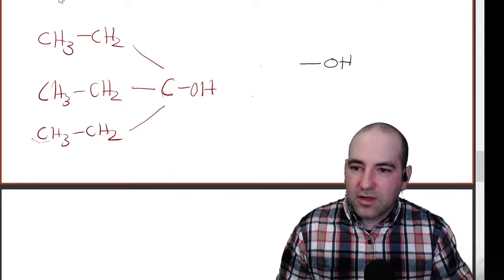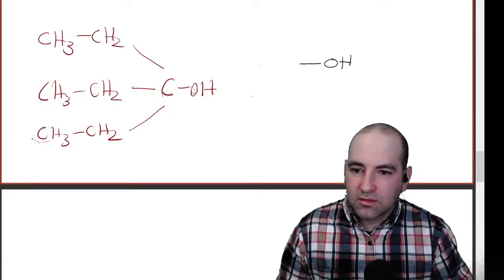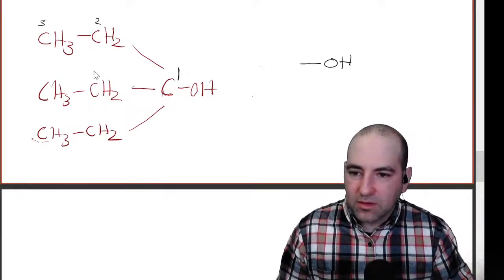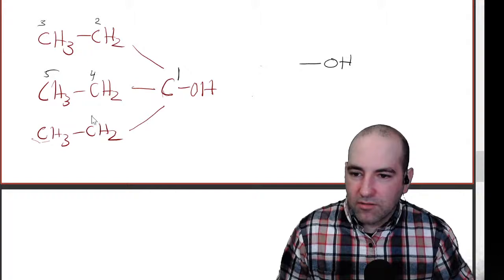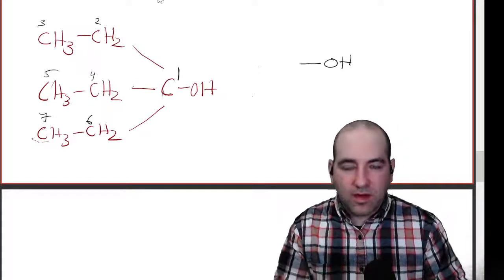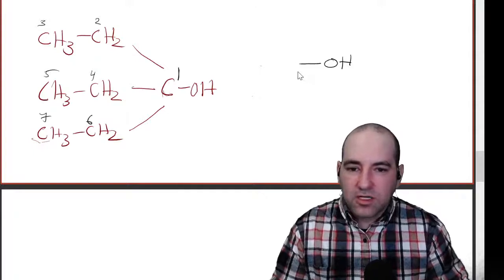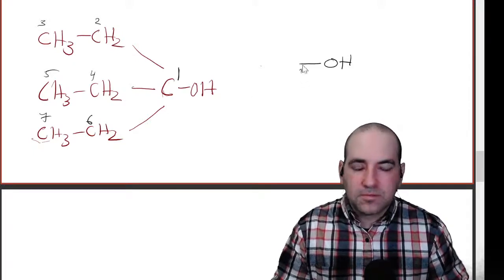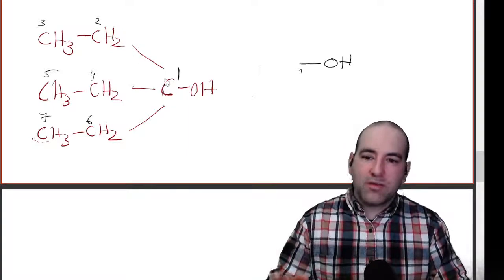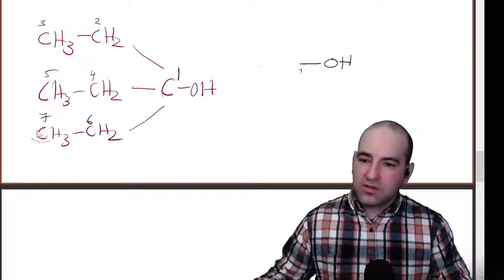So there's my carbon, we'll call that carbon 1. And then we'll go back from here. We'll go 2, 3, 4, 5, 6, 7. Again, totally arbitrary. You can number however you want. I'm just trying to keep track of everything. So here's my carbon 1 right there. And then I can think about what's connected from there. Coming off of carbon 1, I've got 2 carbons going up, 2 going to the left, and 2 going down.